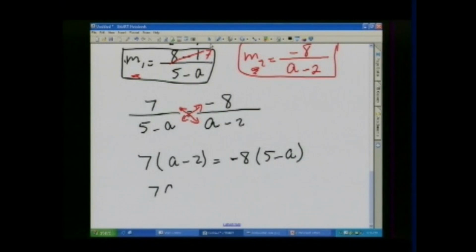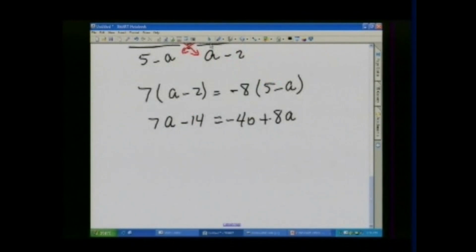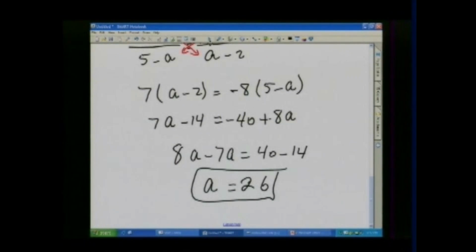So this would be 7a minus 14 equal to minus 40 plus 8a. Take a's to one side. It would basically be 8a minus 7a equal to 40 minus 14. Therefore, a would be equal to 40 minus 14, which is 26, I believe. a is equal to 26.